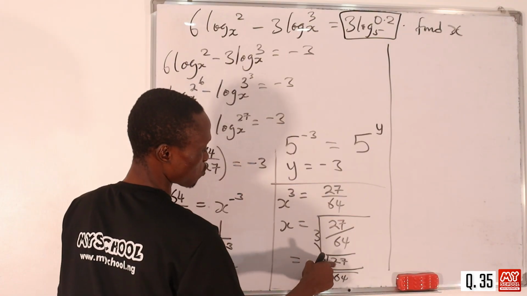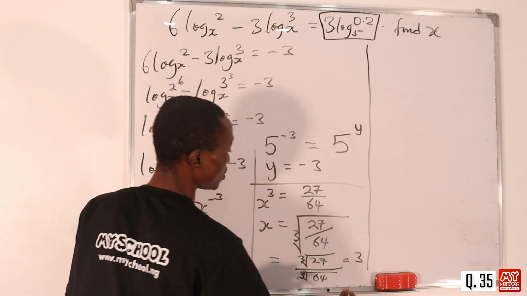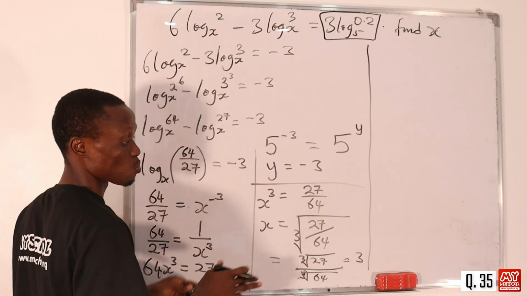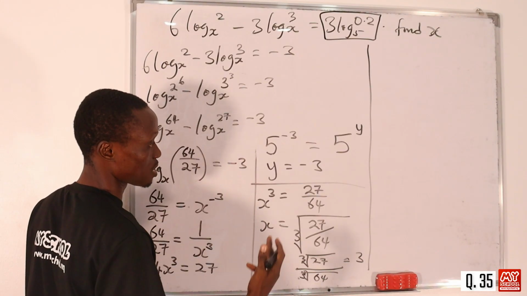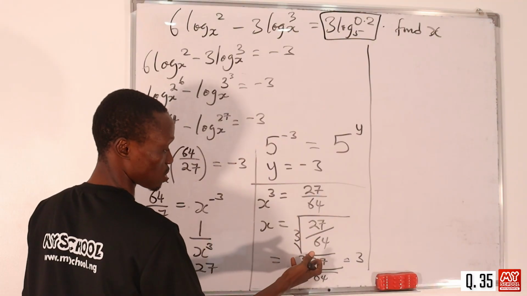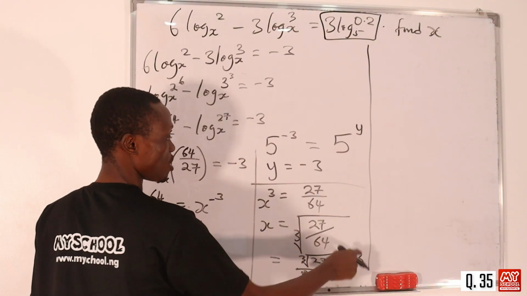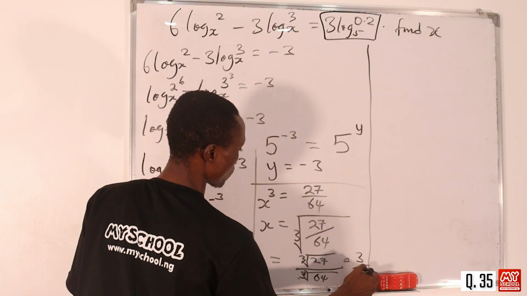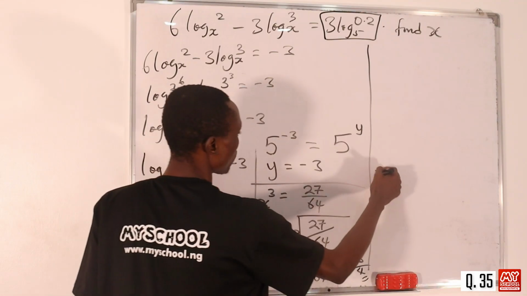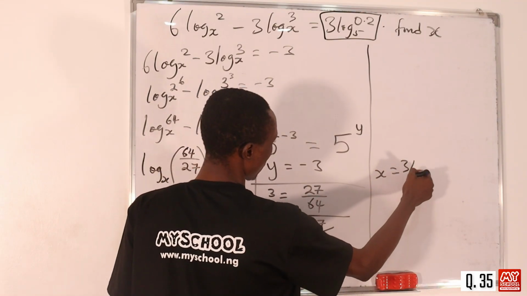The cube root of 27 is equals to 3, meaning 3 is the number that you multiply together three times to give you 27. So the cube root of 64 is 4, meaning that the value of x is equals to 3 over 4.